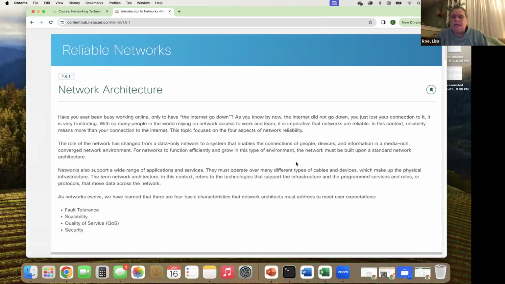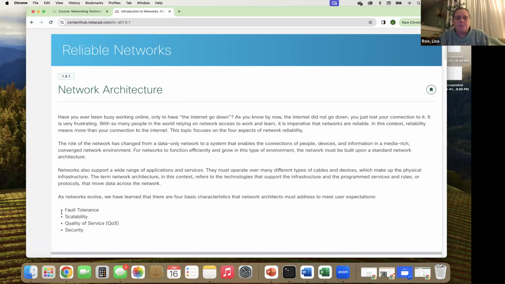So how do we make networks reliable? You're going to learn this as you go through your journey with Bristol Community College, but basically when we set networks up, we call that architecture, and we configure the architecture to make sure that if there's a single point of failure, like a server goes down or a cable goes down, or a business link goes down, that we have backups, right?